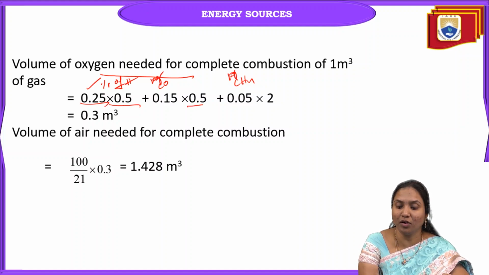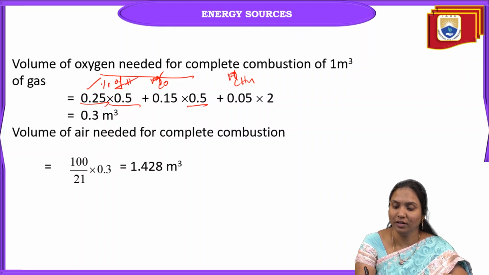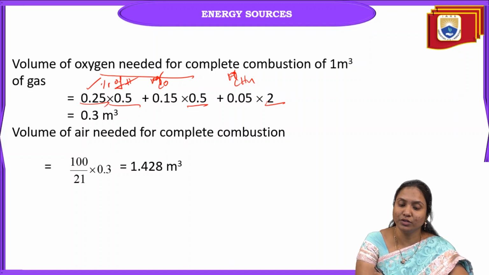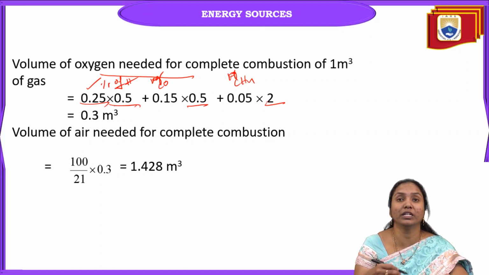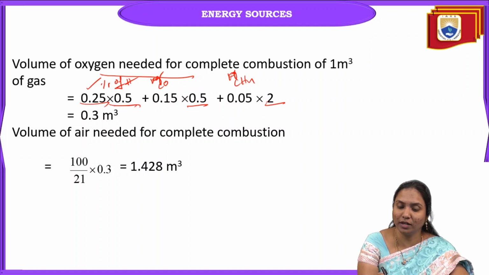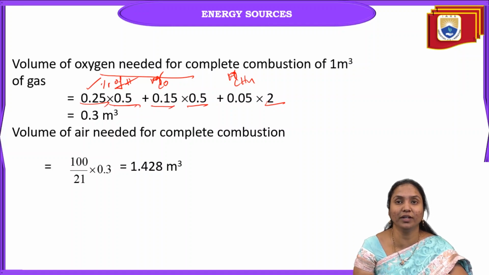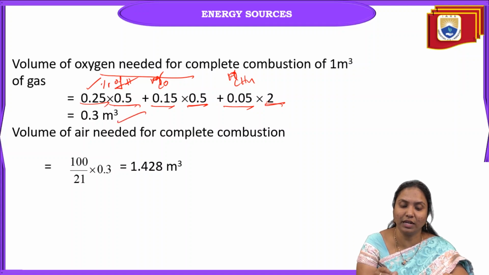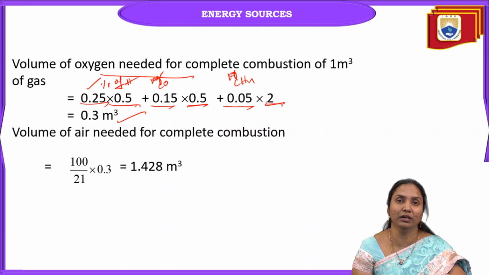Next, how much oxygen is required as given in the reactions? So 0.25 is the fraction of hydrogen in the fuel, multiplied by 0.5, since 1 volume of hydrogen requires 0.5 volume of oxygen. Plus the carbon monoxide fraction 0.15, which requires 0.5 oxygen. Plus the methane fraction 0.05, which requires 2 volumes, so 0.05 into 2. After calculation we finally get 0.3 meter cube.